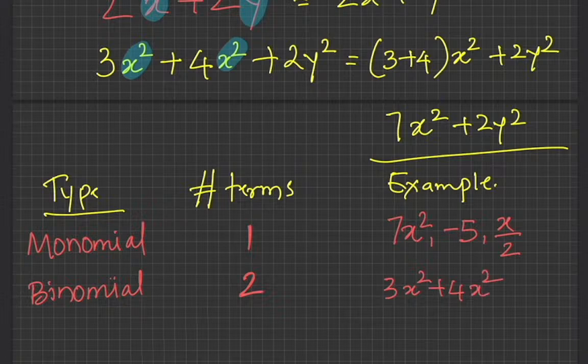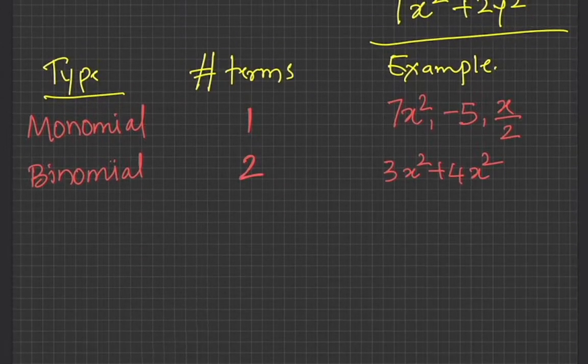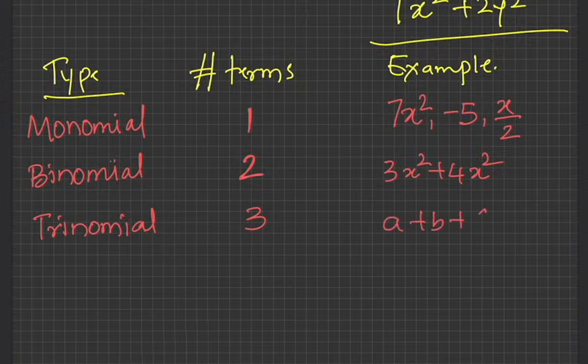There will be only two terms. That's just one example. And then we have a third one, which is called a trinomial. It will have three terms, again separated by the arithmetic operators. Let's take, for example, a plus b plus c, right? Three terms.